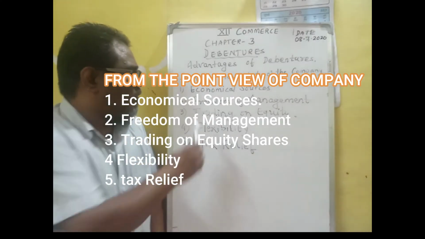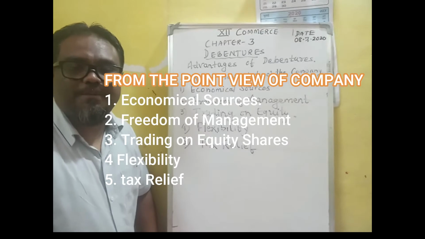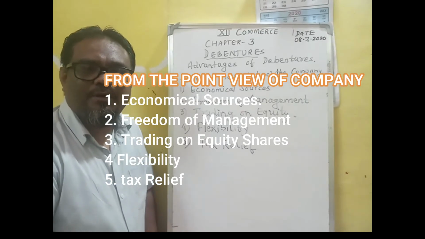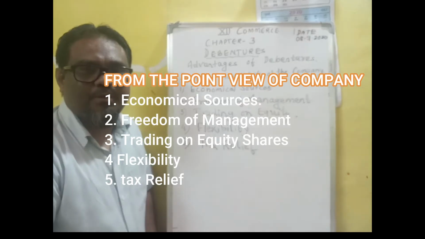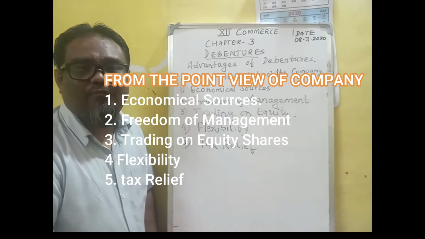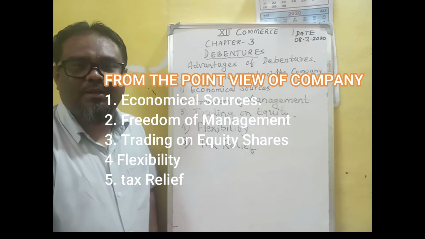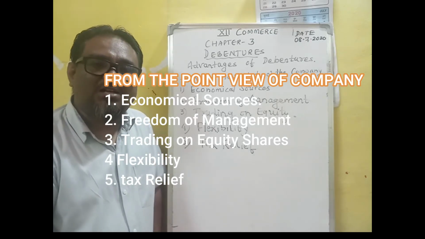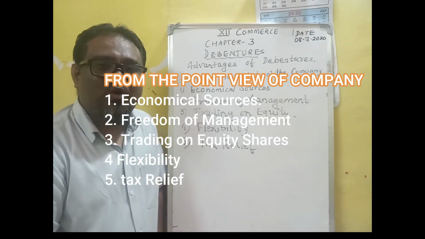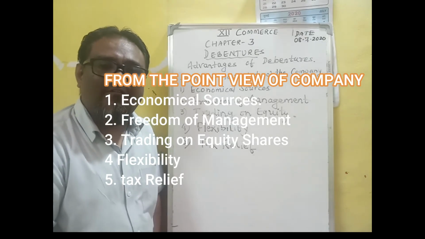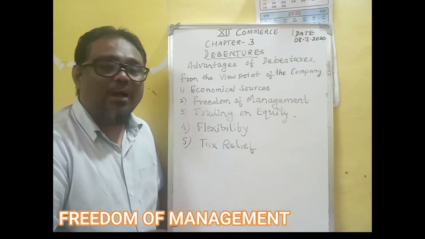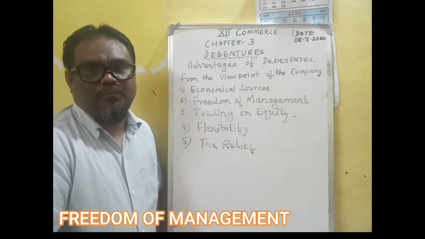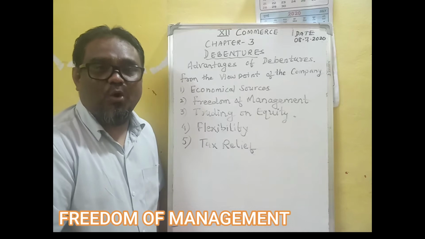Next, number 2, is freedom of management. When debentures are issued, the debenture holders do not have any rights in the management. They have no right to cast their vote. So the company is free from those debenture holders.